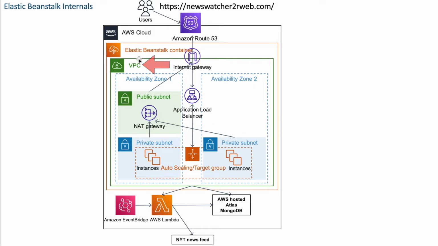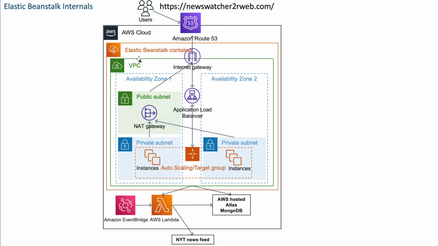VPC in AWS stands for Virtual Private Cloud, and that's basically your networking ability. It gives you the ability to set up routing and IP addresses internally, as well as expose IP addresses externally. A good practice is to create public subnets and private subnets.